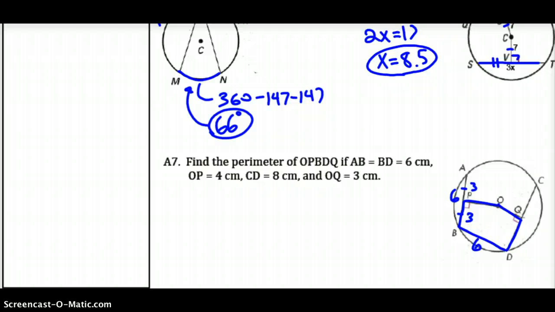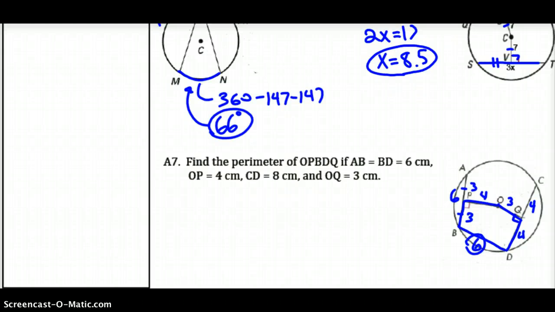BD, this is also 6. OP is 4. So OP, I got 4 right here. And CD is 8. So that means 4 here and 4 here because of the perpendicular. And then OQ is 3.